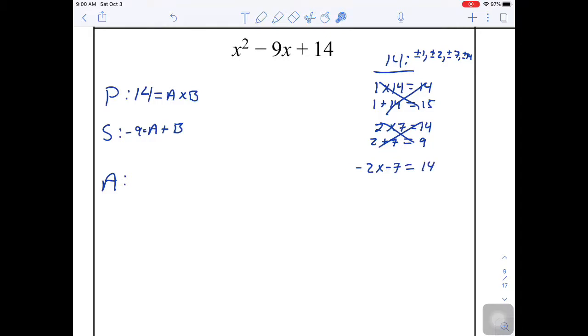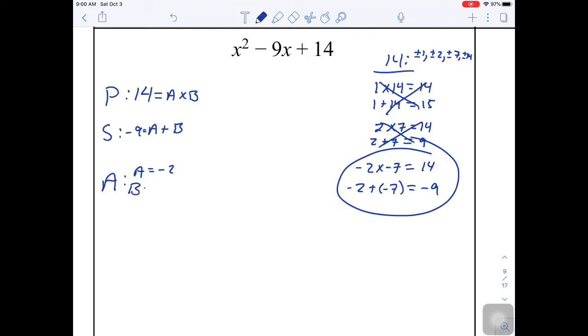Remember, two negatives multiplying each other give you a positive 14. So let's try that. -2 plus -7, well, that becomes -9. So it looks like I have found my solution. A is -2, B is -7.